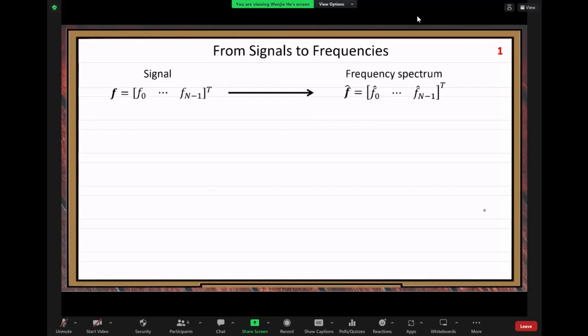So we have formulas. Okay, the formula is like this. The matrix form: you multiply the big F sub n matrix, an n by n matrix.